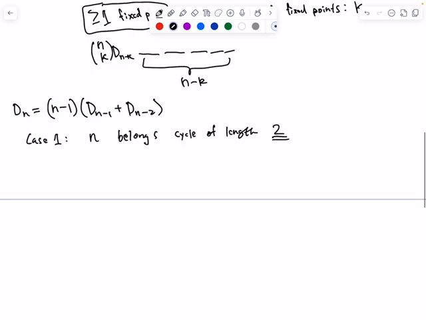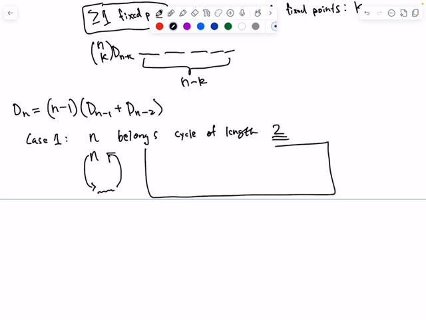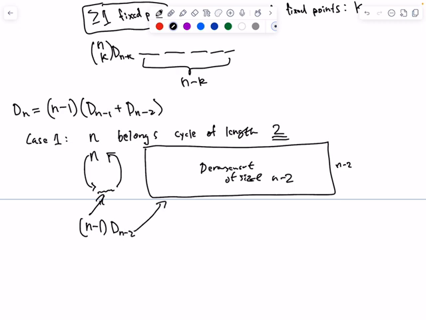So in our cycle representation of the permutation, n is in a cycle with some other member, and then the remaining n minus 2 elements form a derangement of size n minus 2. So we have n minus 1 ways to choose the member in the cycle with n, and then d_{n-2} ways to permute the remaining members.